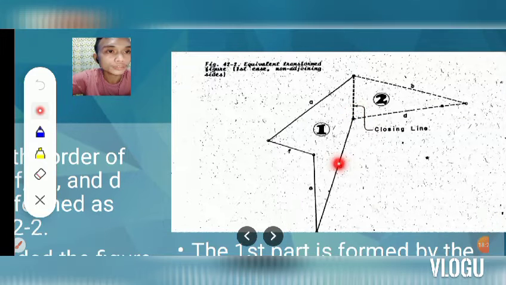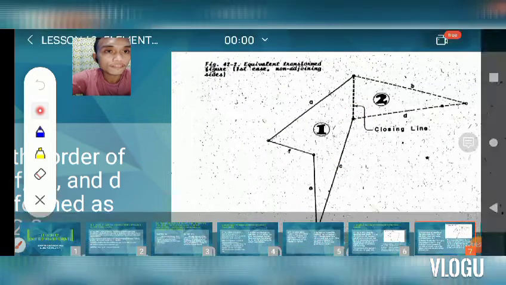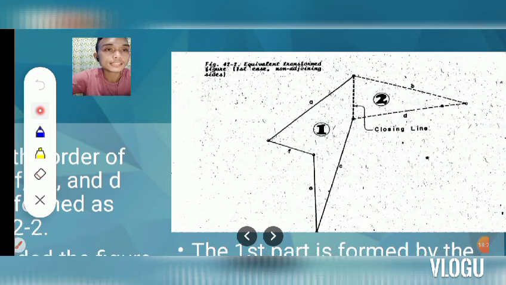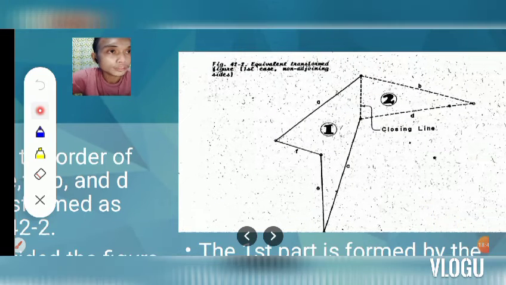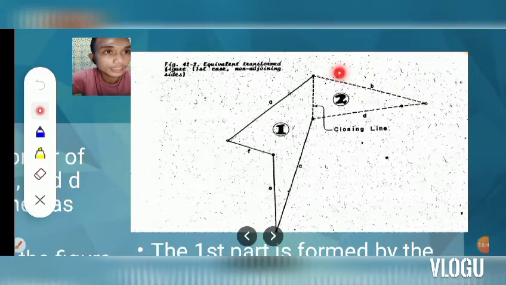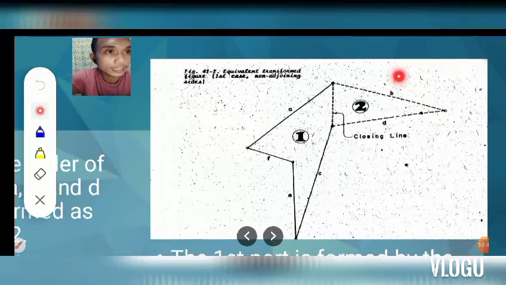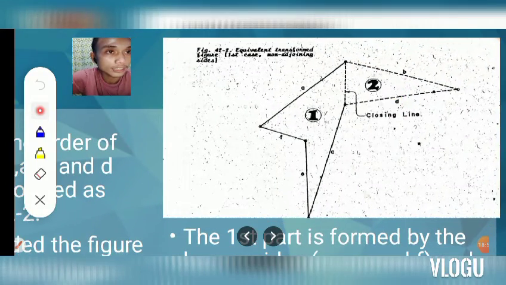This is C, A, F, E, A. Since these are our known values, we need to have a closing line between the ends of B and D. So the broken or dash lines earlier were CB and CD.